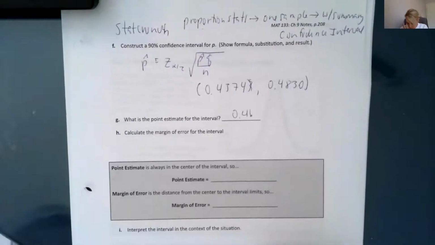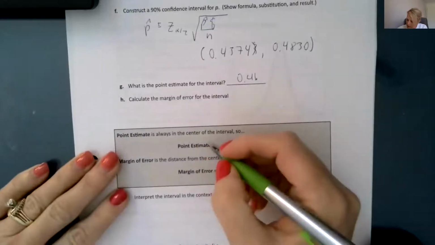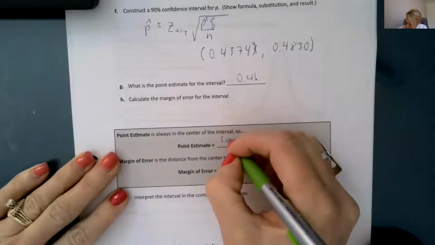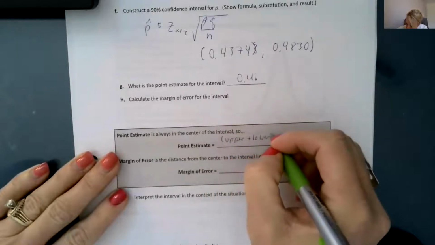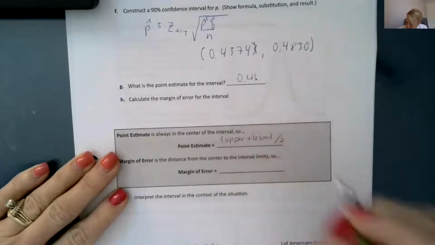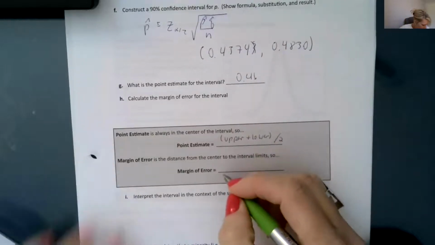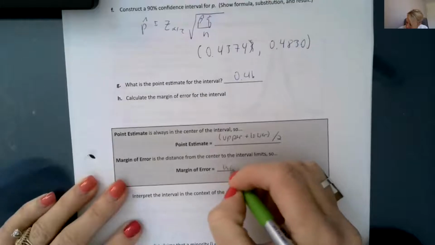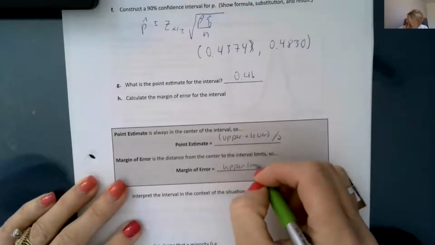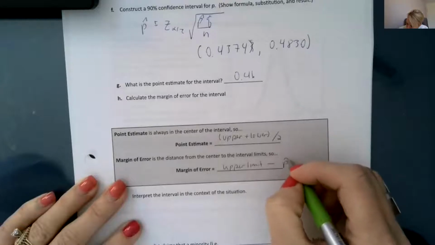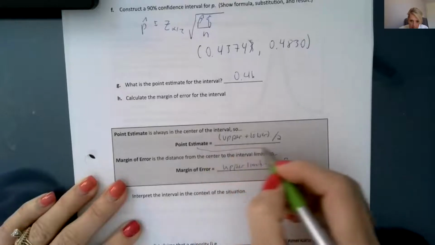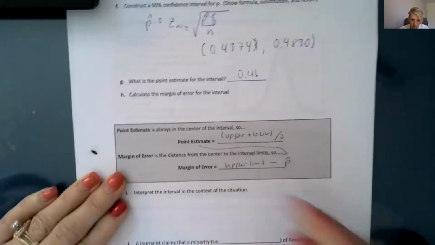Remember that your point estimate can be found by taking the average of your upper and your lower bounds, so adding them and dividing by 2. And your margin of error you can find by taking your upper limit and subtracting your p hat, your point estimate. That will give you your margin of error.